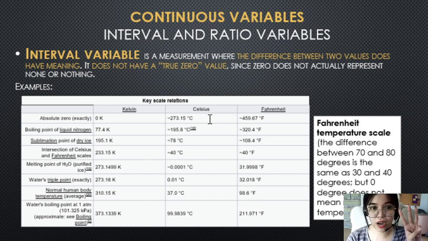Okay? Pero, yung interval niya, kaya interval siya, from one point to another point, merong meaning. May meaning siya. Pero again, wala siyang true 0 value. Alright. So, yun si interval.